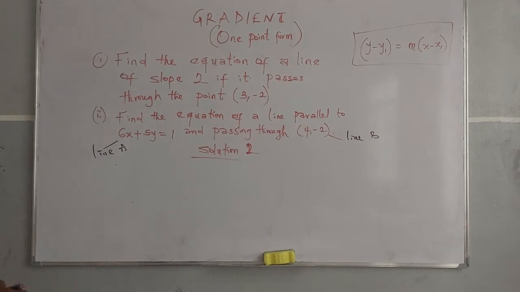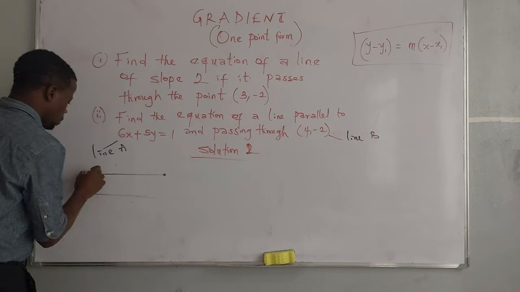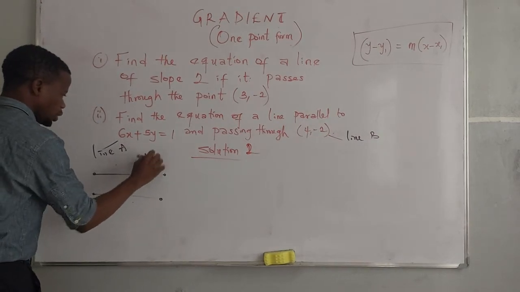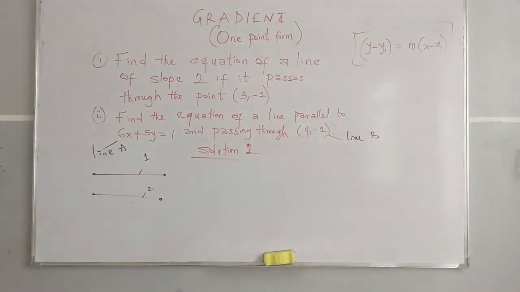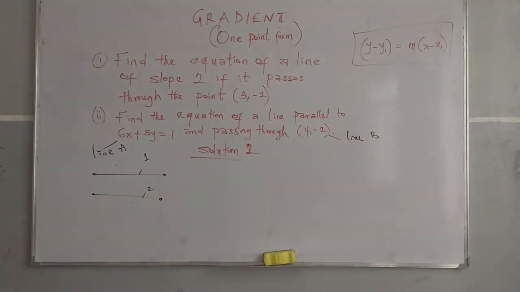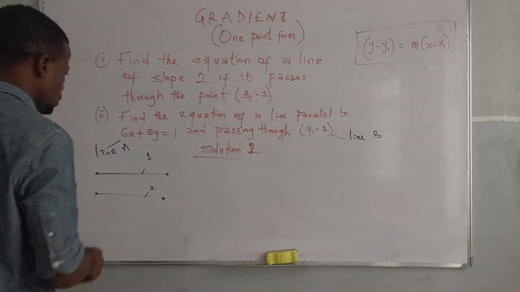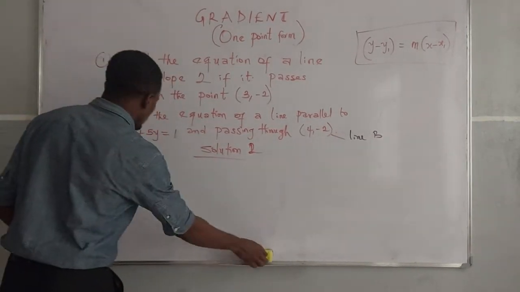Whenever we have two parallel lines, this one is for 1, this one is for 2. Whenever 2 lines are parallel, their gradients will be equal. So we consider this line first.